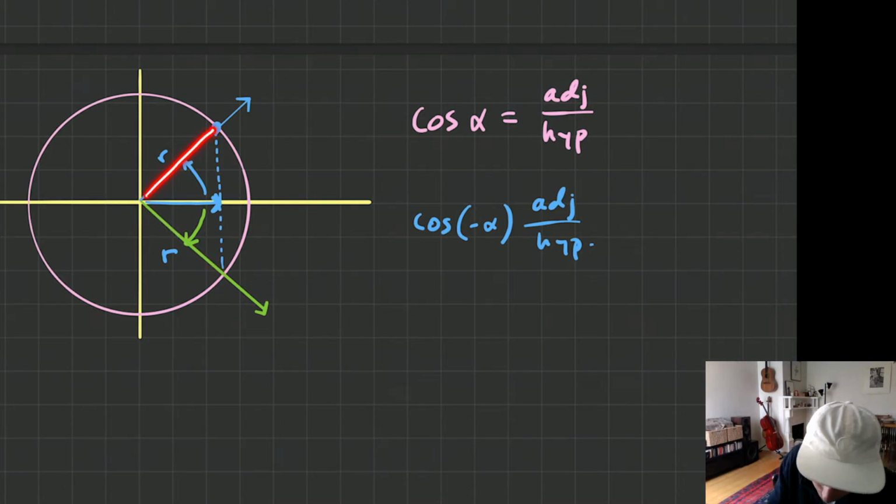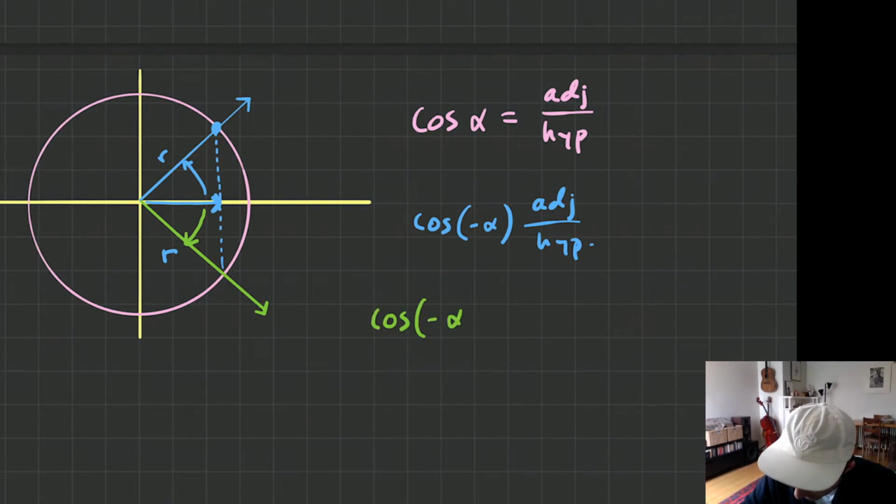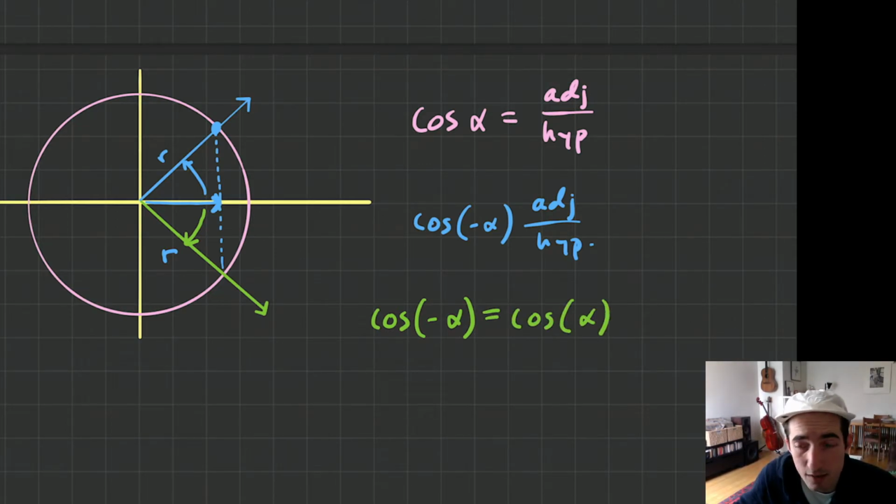Now, here's what's really neat. The adjacent side is shared. We have exactly the same adjacent side, and the radius or the hypotenuse is the same. So it turns out that cosine of negative alpha is equal to cosine of alpha. It doesn't matter if you take the positive or negative version of it. It's a really nifty little trick.